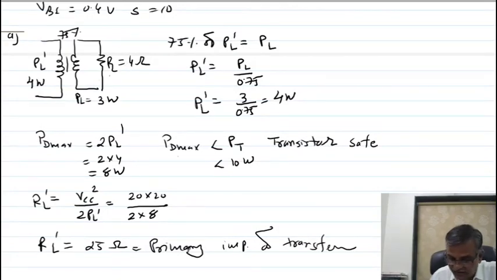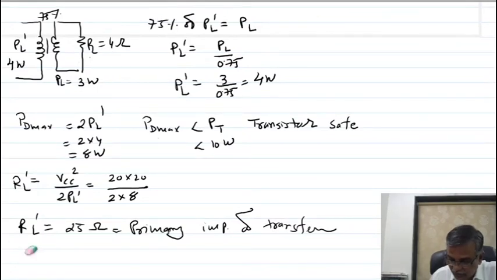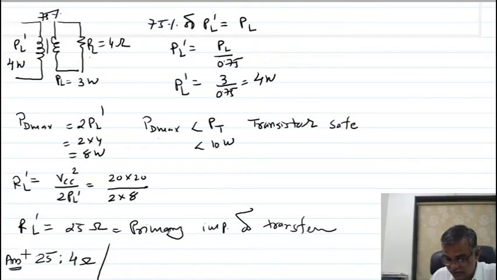So for the transformer I can write: primary impedance is 25 ohms, secondary impedance is 4 ohm. This is your answer of a.